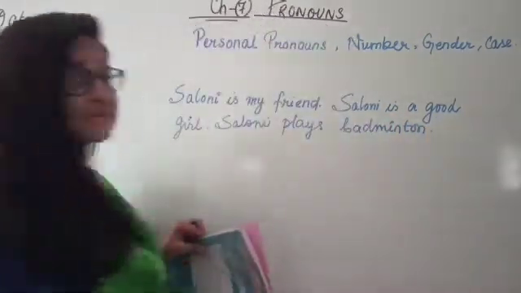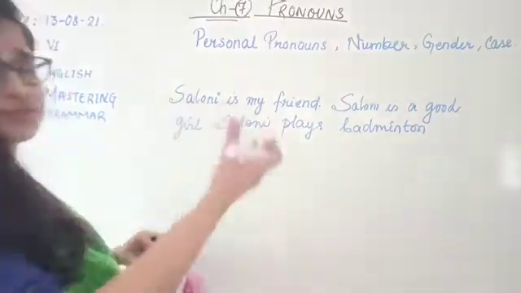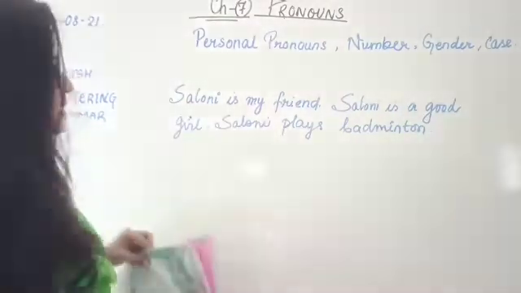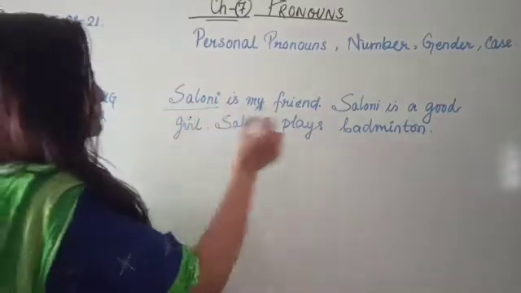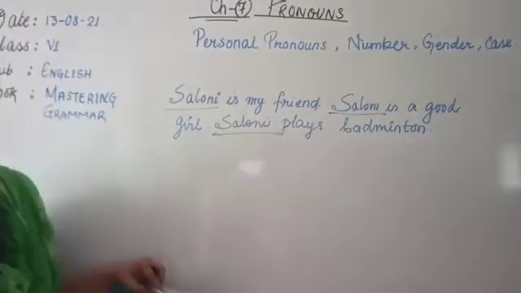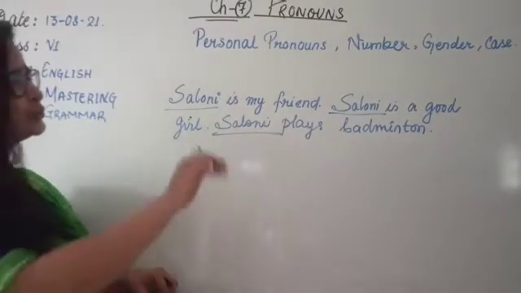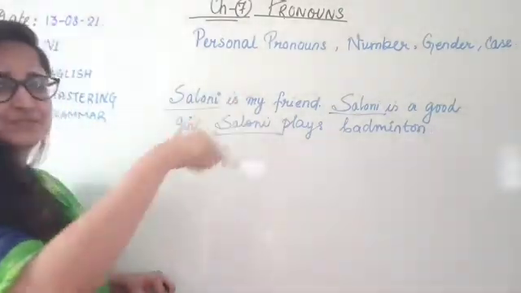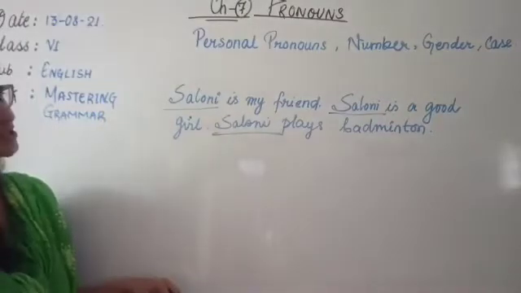Okay, it seems as if we are talking about three other people, right? But Saloni is the same person here and here as well. So, what do we do so that these words can be changed?